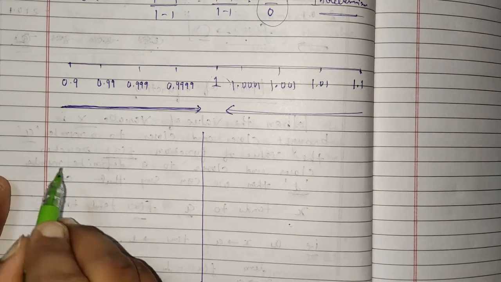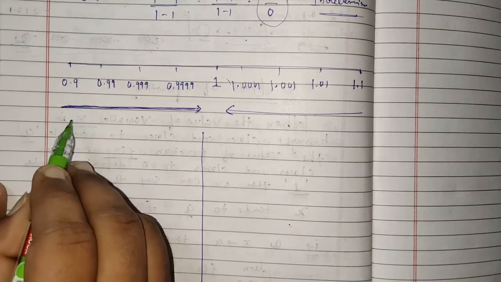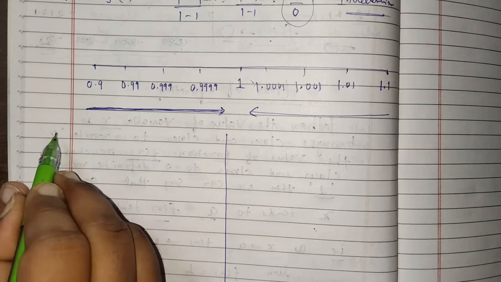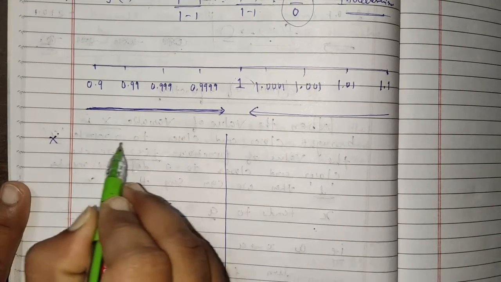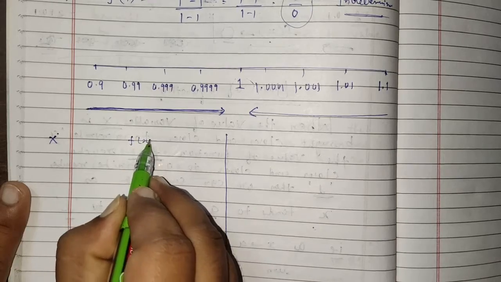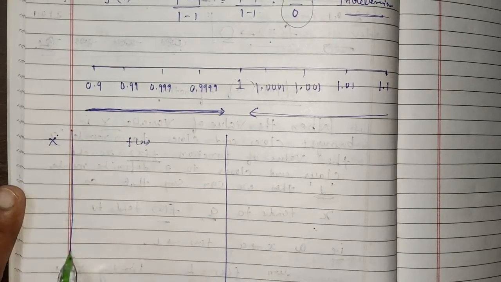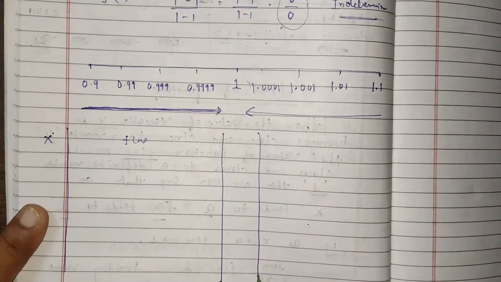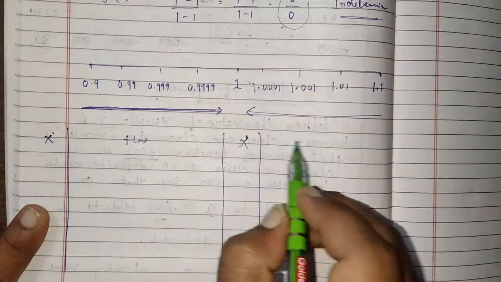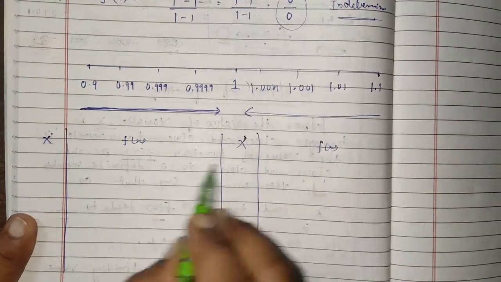So see the value of the variable x tends to, and the value of the function f(x). The value of the variable x and the value of the function f(x).